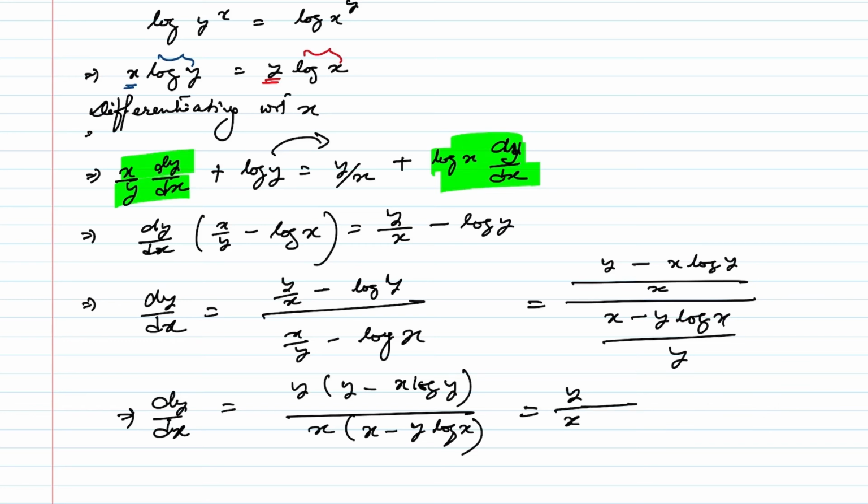If you take minus 1 common from both numerator and denominator, then you will get x log of y minus y in the numerator, and y log of x minus x in the denominator. So that's how you can also write it.